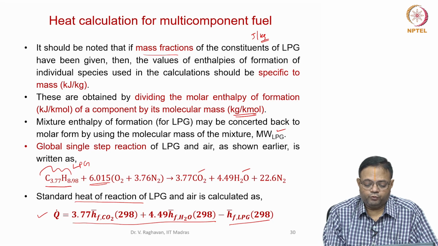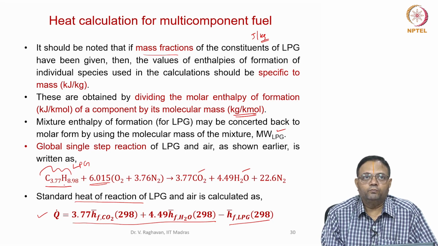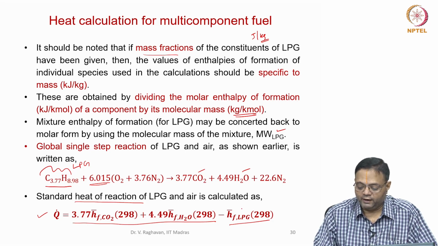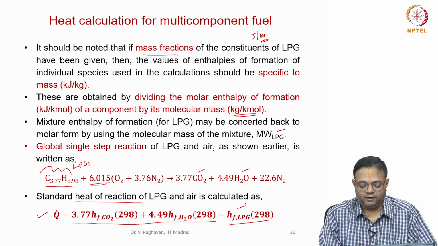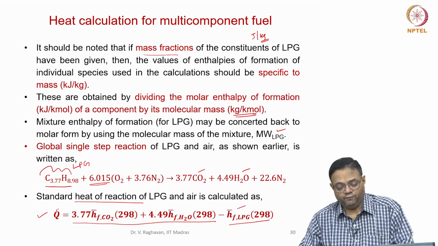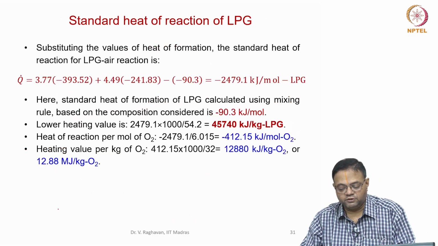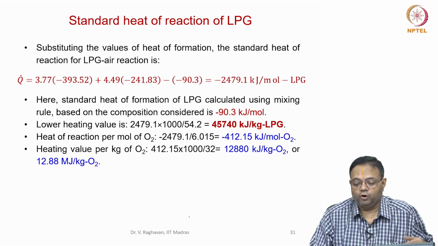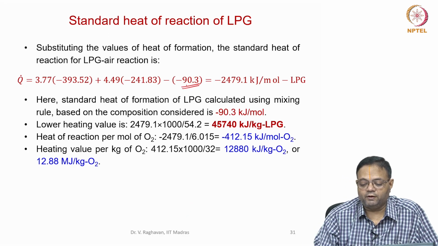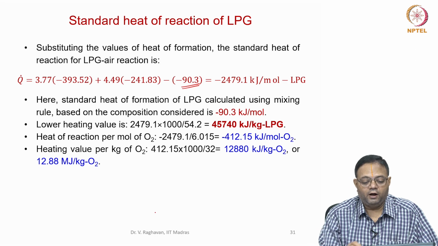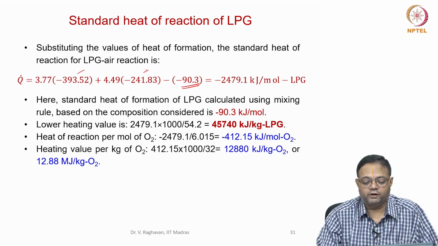In this way you can see that the multi-component mixing rules are used to get the required properties, and by using the mixing rules I get the enthalpy of formation and try to get the heat of reaction. We can also do it individually, but this is a simplified method. For example, minus 90.3 kilojoule per mole was the enthalpy of formation of LPG got from the mixing rule, and you may remember the other quantities here.